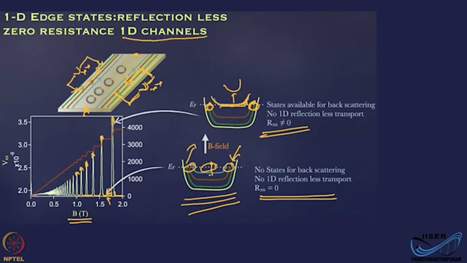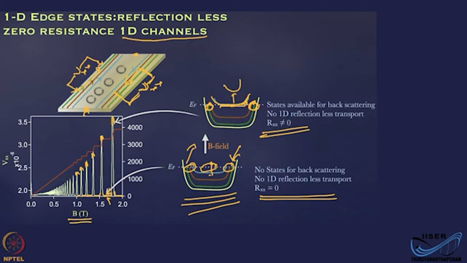This is a perfect two-dimensional system with perfect one-dimensional transport along the edge. That's what you have in a quantum Hall system. So these SdH oscillations are a touchstone phenomenon to check whether you have a two-dimensional system or not. Then only do you get one-dimensional transport. These peaks and valleys, these oscillations, are because of the one-dimensional transport.